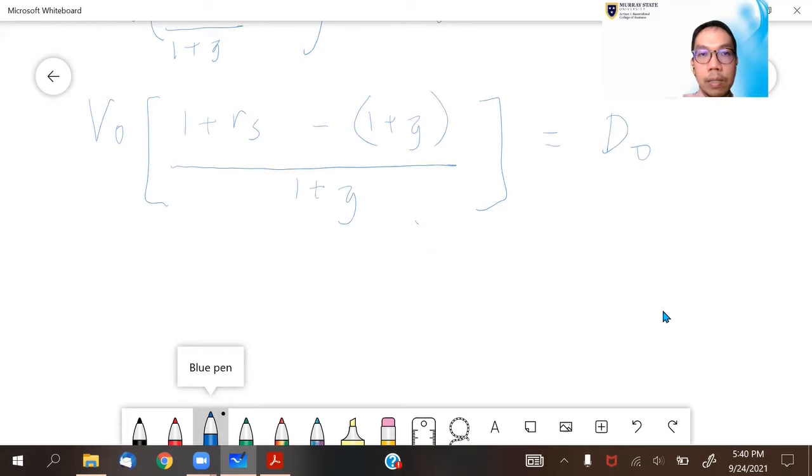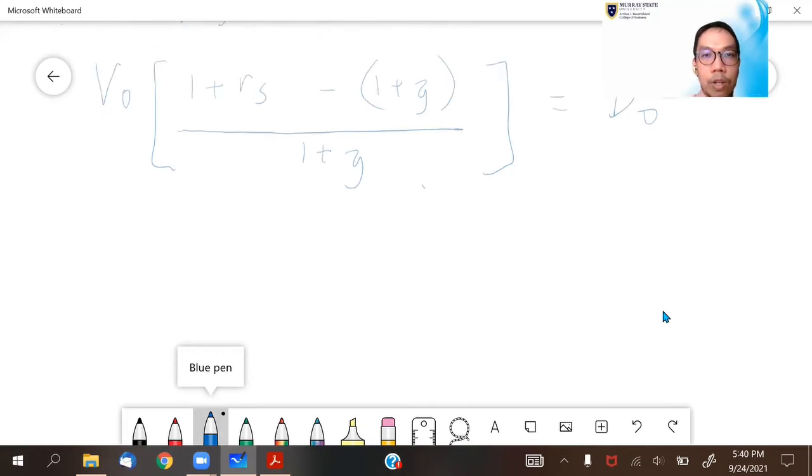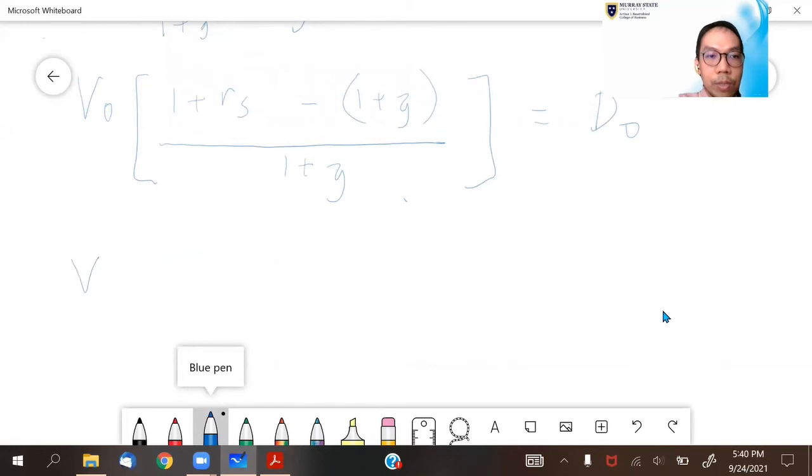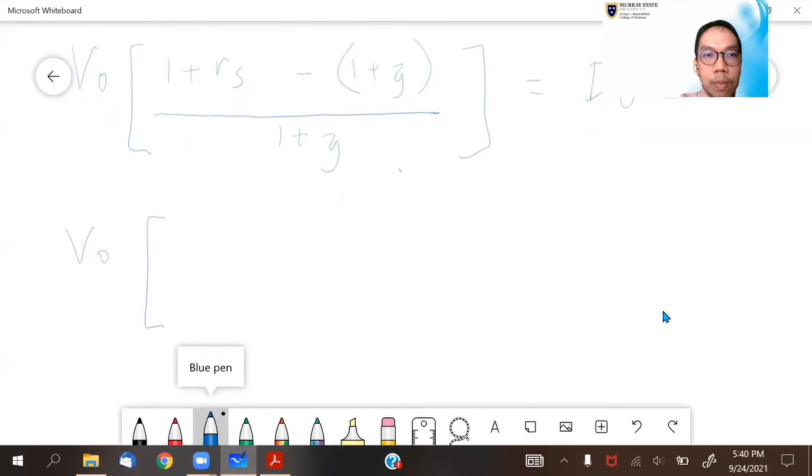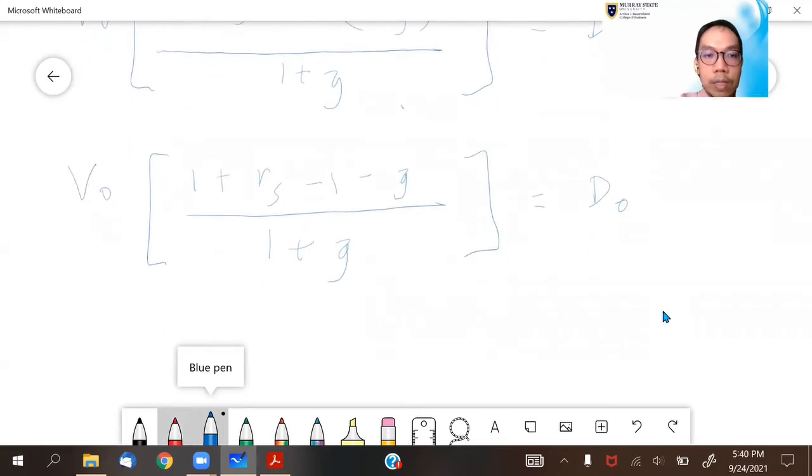Okay, and we can solve the left-hand side first. It will look maybe like this. So 1 plus RS minus 1 minus growth rate divided by 1 plus growth rate equal D0. Okay. Then you see here, we can cancel them out.